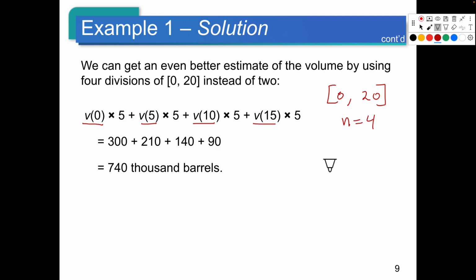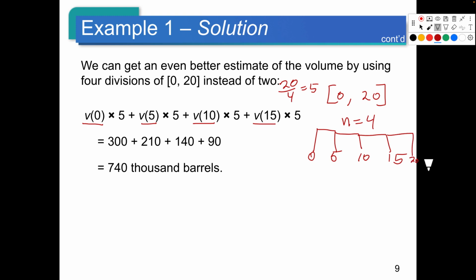So we start at the left at 0, and to get 4 of them, we did this. 20 divided by 4 equals 5. They each have to be 5 long, so go from 0 to 5, 5 to 10, 10 to 15, and notice that gives us 1, 2, 3, 4 rectangles.